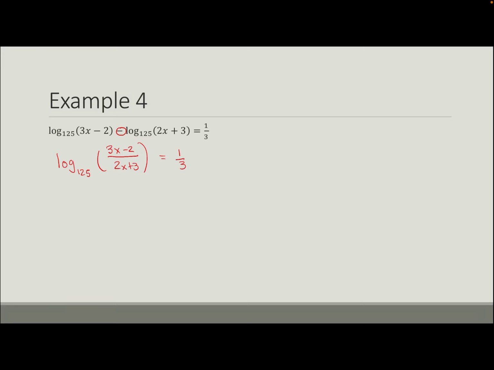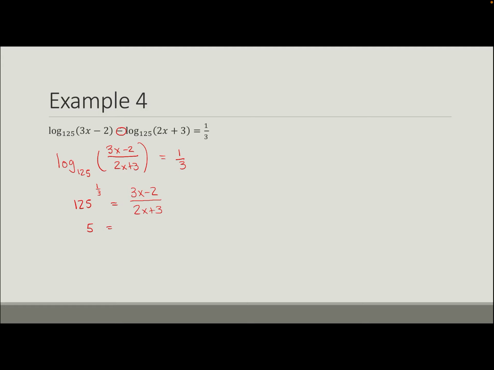And again, when we have a single logarithm, you want to make an exponential equation. So that's going to be 125 to the 1/3 power equals 3x minus 2 divided by 2x plus 3. And 125 to the 1/3 is 5.